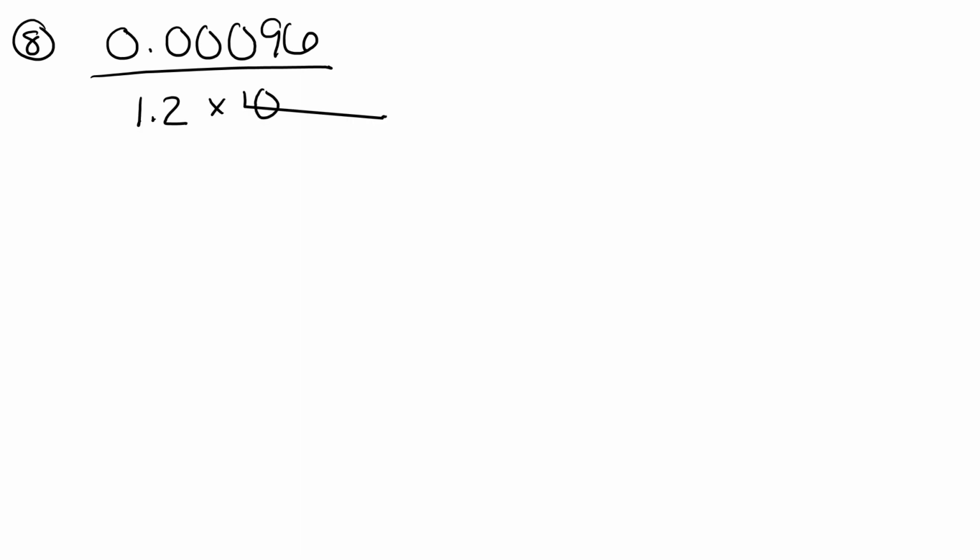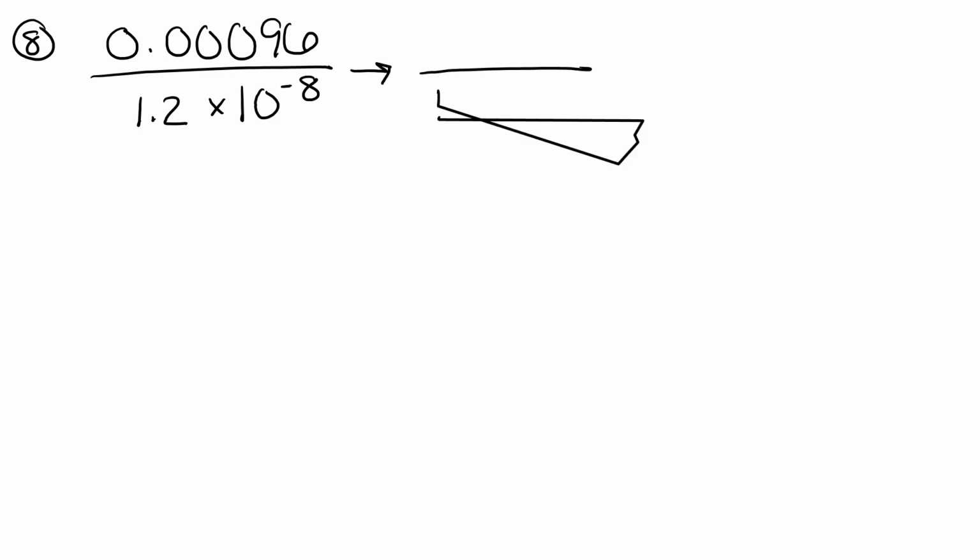For number 8, we're going to have the number 0.00096 divided by 1.2 times 10 to the negative 8th. The bottom number is already written in scientific notation, so it's good to stay the same. But the top number, 0.00096, needs to be rewritten.